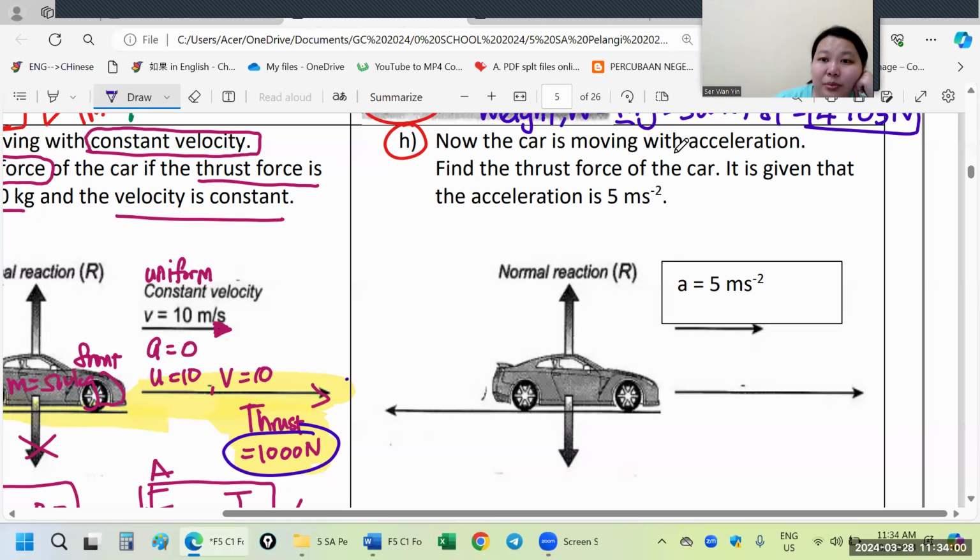Okay, now the car is moving with acceleration. Find the thrust force of the car. So the thrust force of the car equals question mark, if given the acceleration is 5. So this is front and this is back.